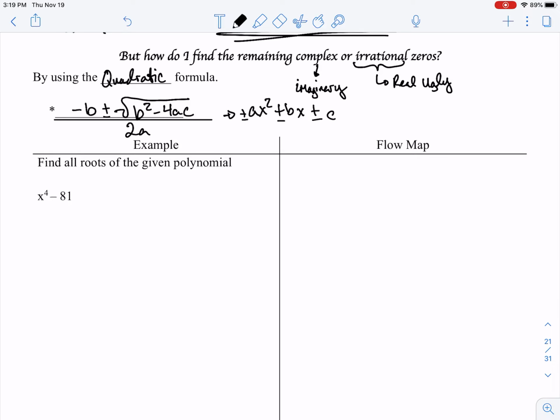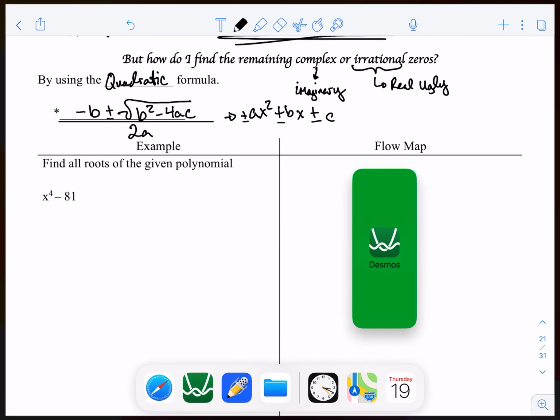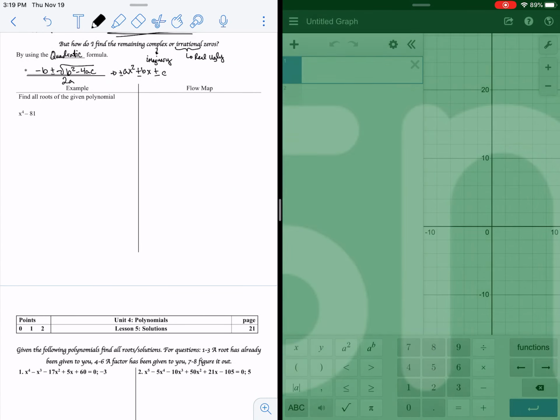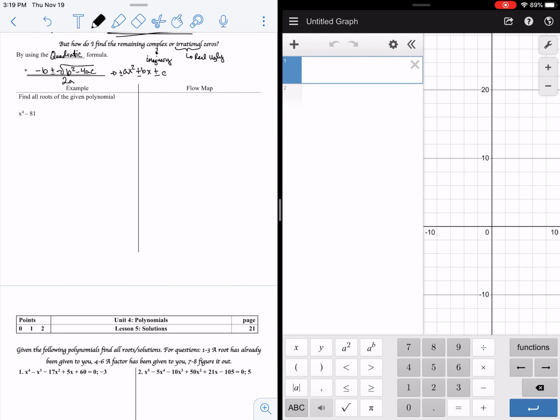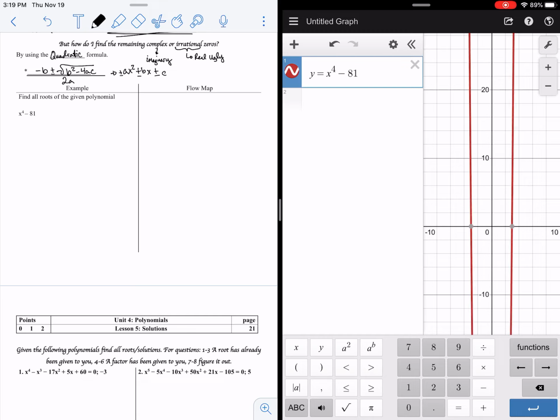So if we want to find all the roots of a given polynomial, first thing you do is go to Desmos and graph it. So I'm going to go y is equal to x to the 4th minus 81.